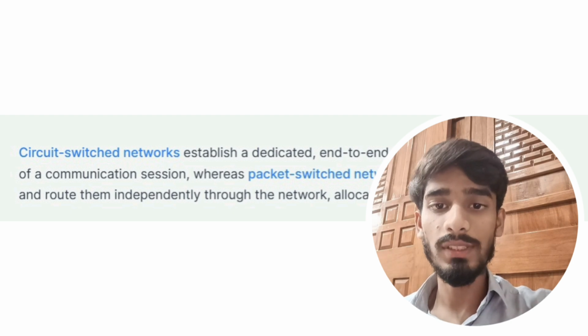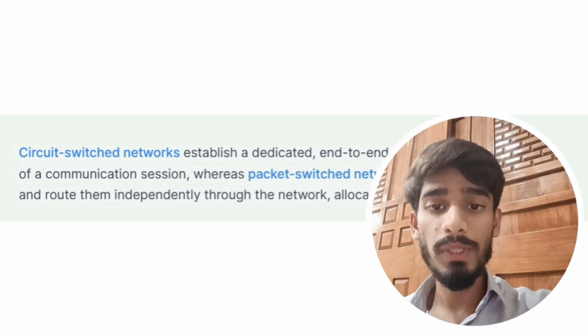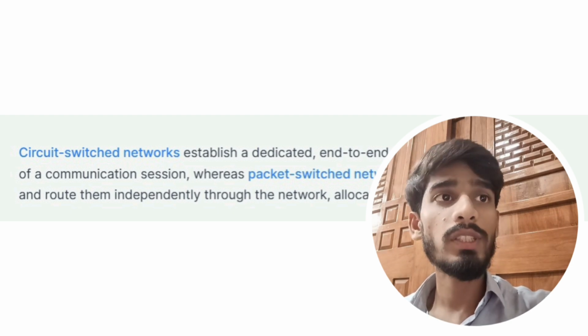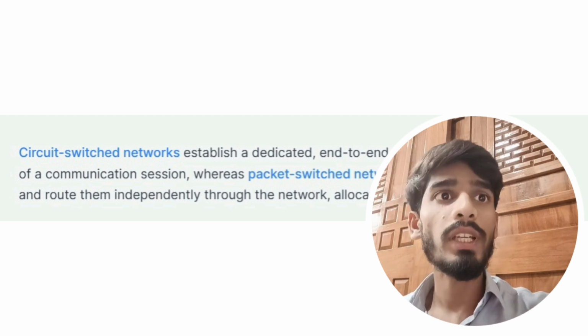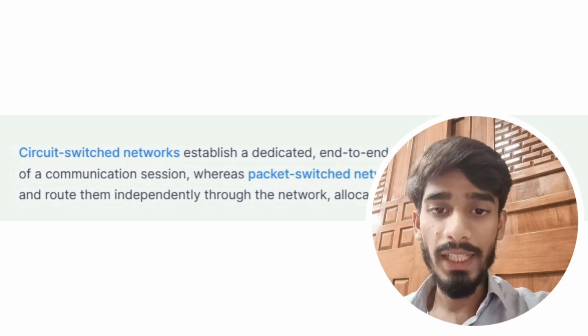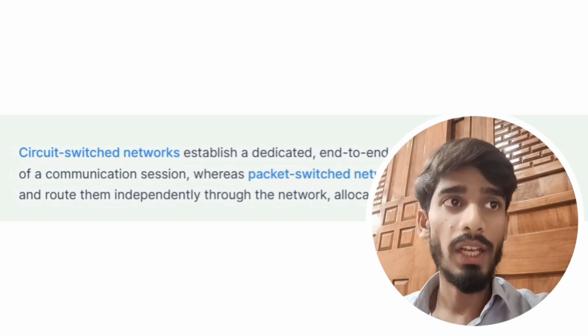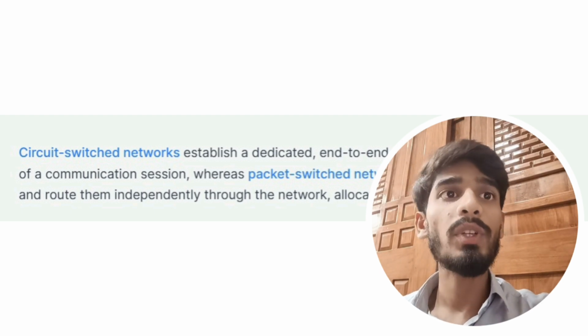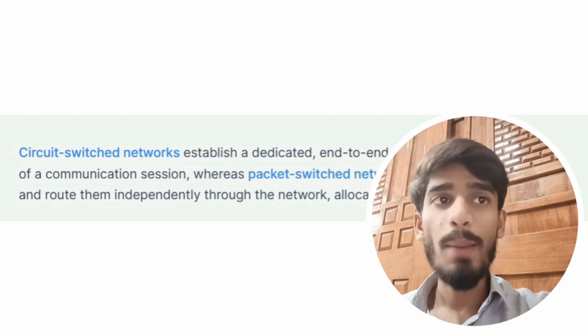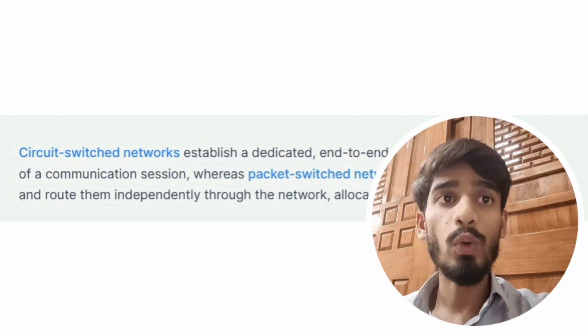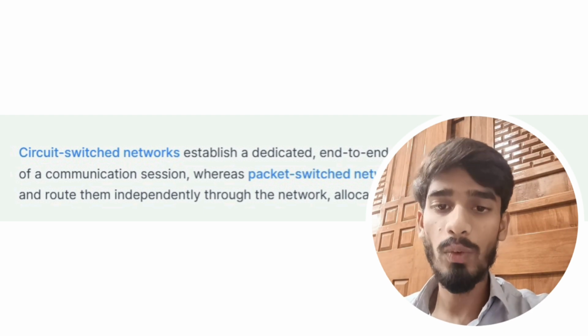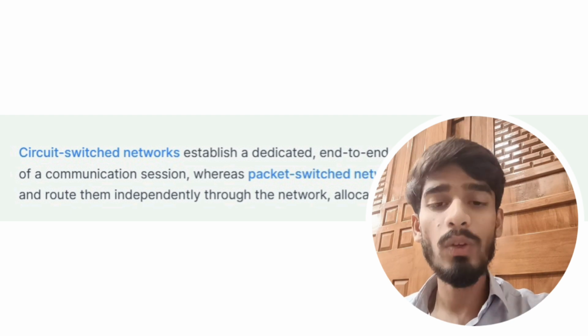Next point to discuss is, what are the principles behind circuit switched networks and packet switched networks? Circuit switched networks establish a dedicated end-to-end connection for the duration of a communication session, whereas packet switched networks break data into packets and route them independently through the network, allocating bandwidth only as needed.